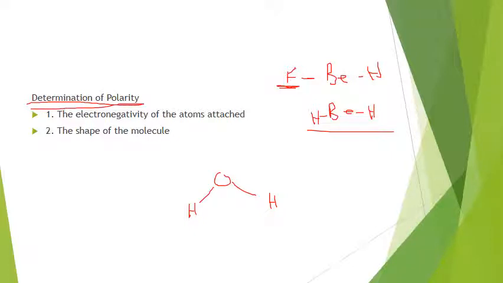So we have to take these two things into account. As far as your class goes, you should be able to figure out if a molecule is polar or non-polar by going through all this. But what we're going to do next is try to come up with a fast way to determine polarity.